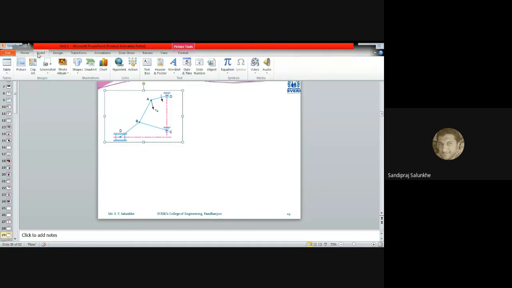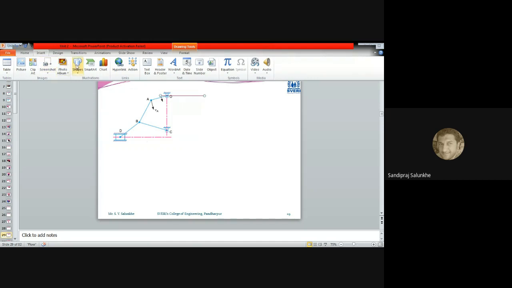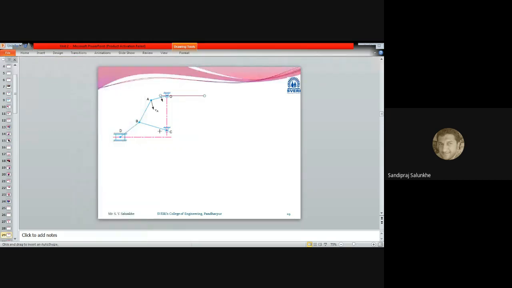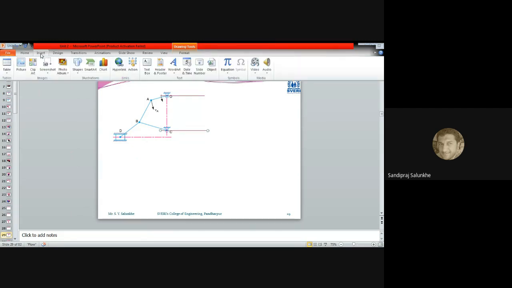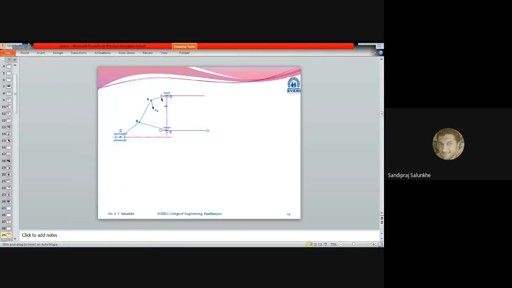Then arbitrarily, you have to choose point O, and from point O, you have to measure 65 millimeters vertically. So this distance is 65 millimeter.